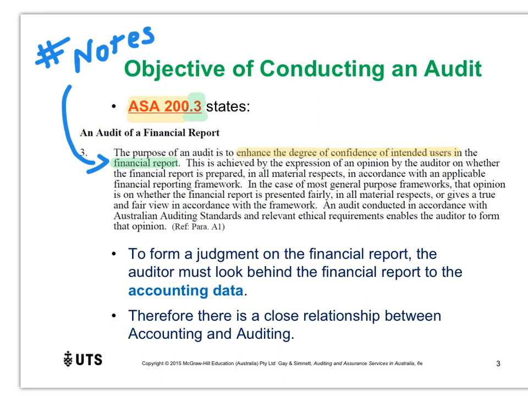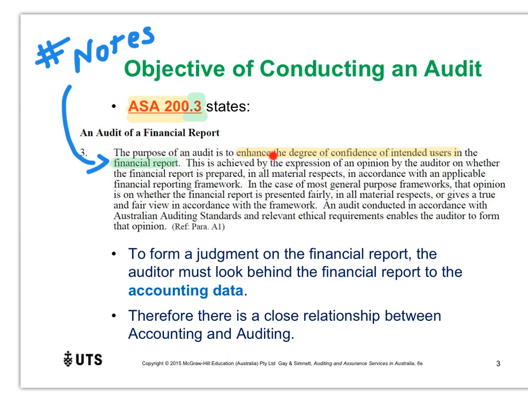So just be mindful that when we audit the financial report, we are auditing both the numbers as well as the written disclosures. Now, coming back to what that sentence was saying, the purpose of an audit is to enhance the degree of confidence of the intended users in the financial report, in the information, the numbers and the notes within the financial report.